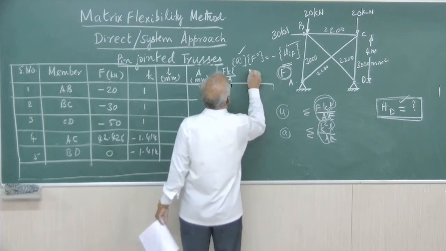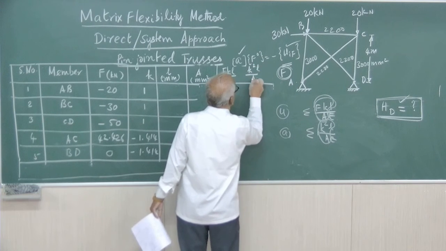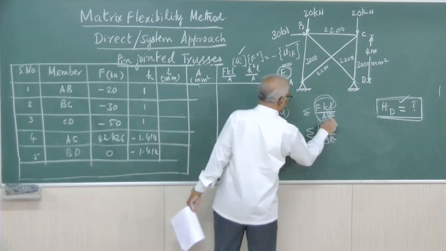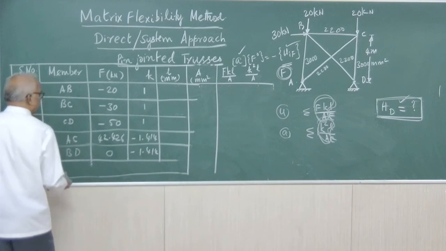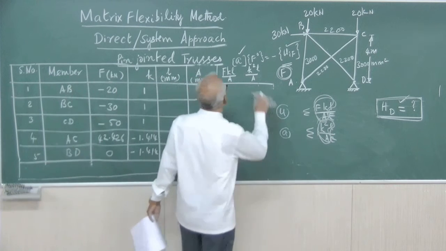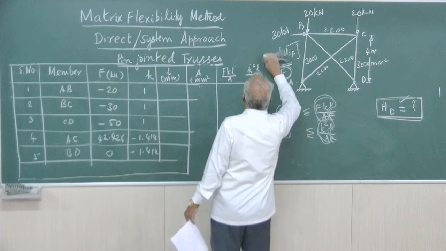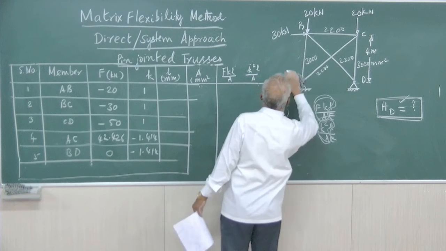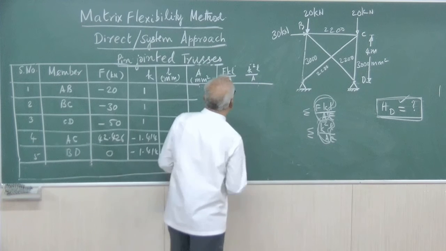Then we have to find out K square L by A. That we have to find out. So that will decide what are the columns that are to be formed, and the units for different parameters. That will decide what are the columns that are to be provided.